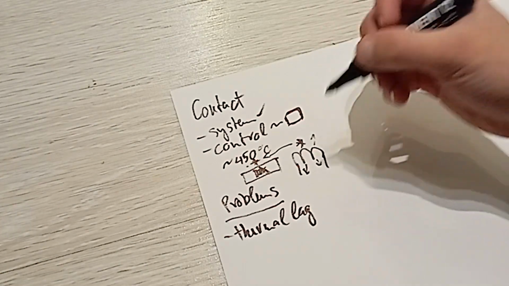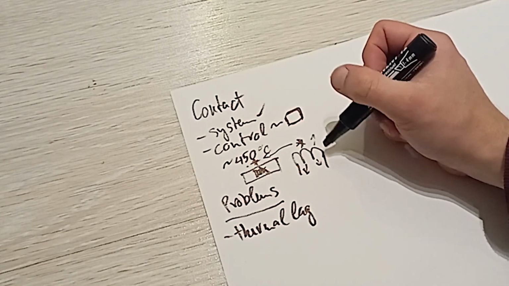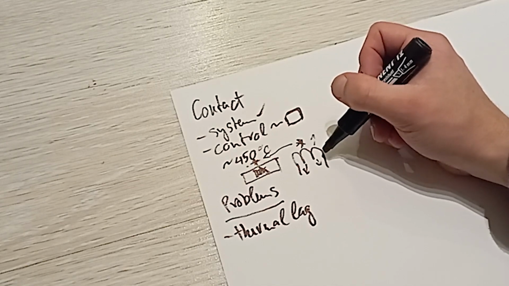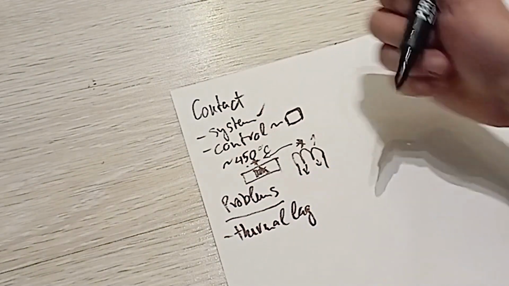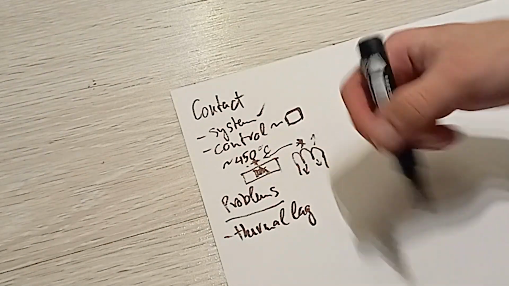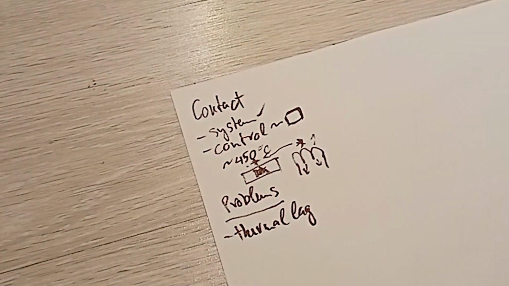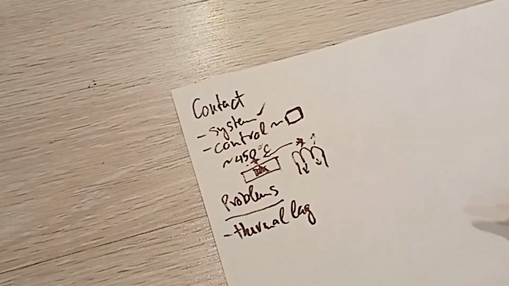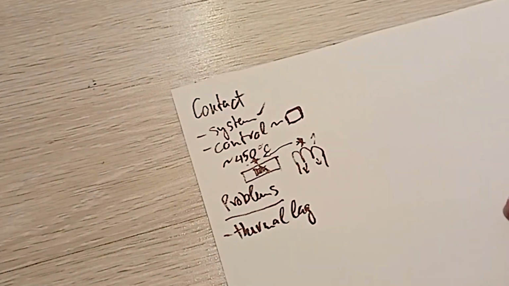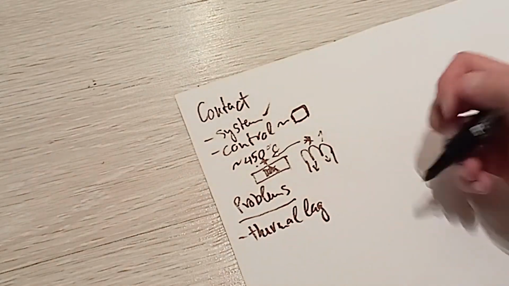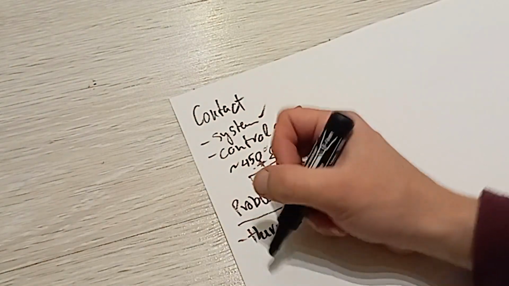And even after I have turned this off, the inside temp will still go up, because this has not yet transferred its heat via radiation and through, like, transition, or how do you say this? So this thermal lag is kind of annoying.